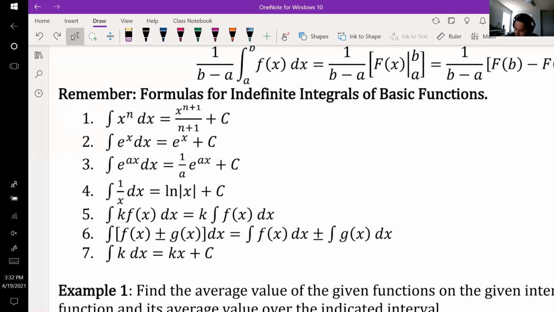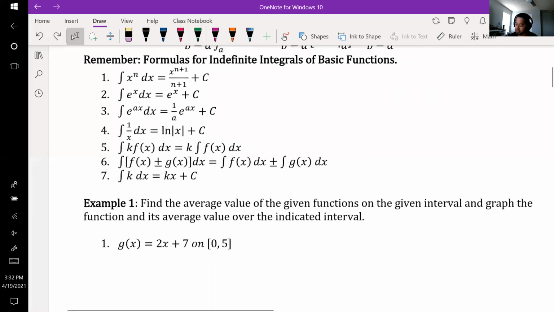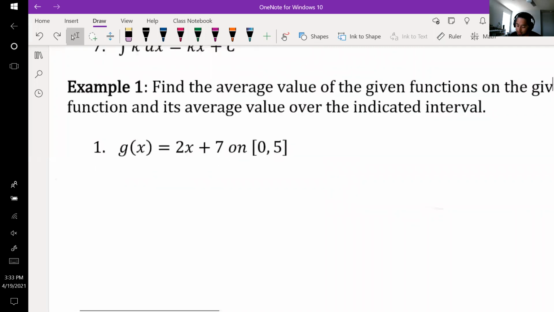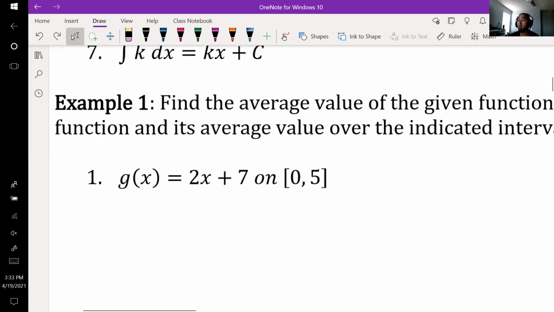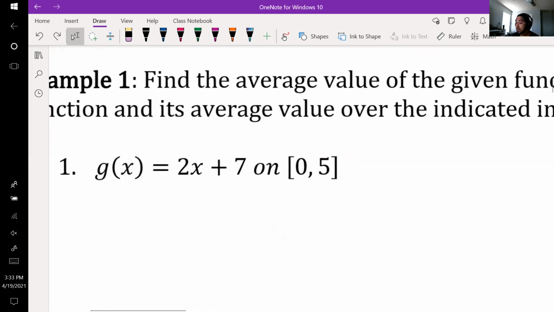Okay, so let's go ahead and try this out. Find the average value of the given functions on the given interval and graph the function and its average value over the indicated interval. So we're going to find the average value and graph it as well. Number one, this says g of x equals 2x plus 7 on the interval 0 to 5. So this interval is your a, b.